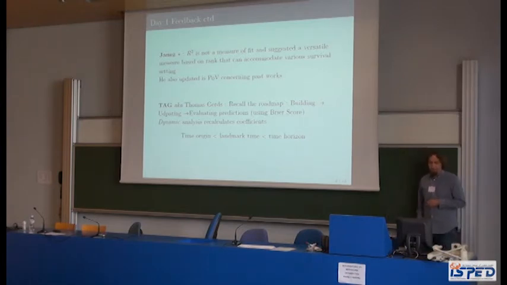So he made it pretty clear that the R2 is not a measure of fit, and suggested a versatile tool based on ranks that can accommodate various settings in survival analysis, such as multi-state models and recurrent events. He also updated his point of view concerning past work that he believed to be wrong.